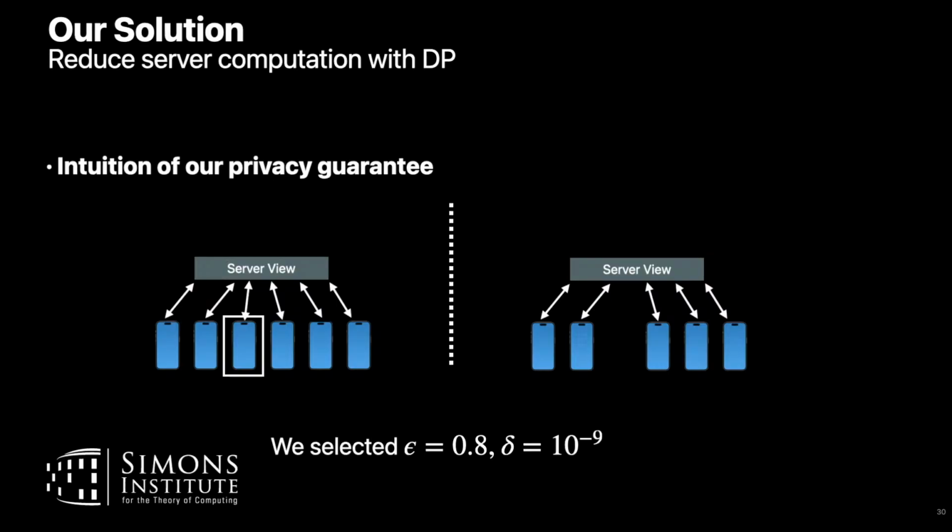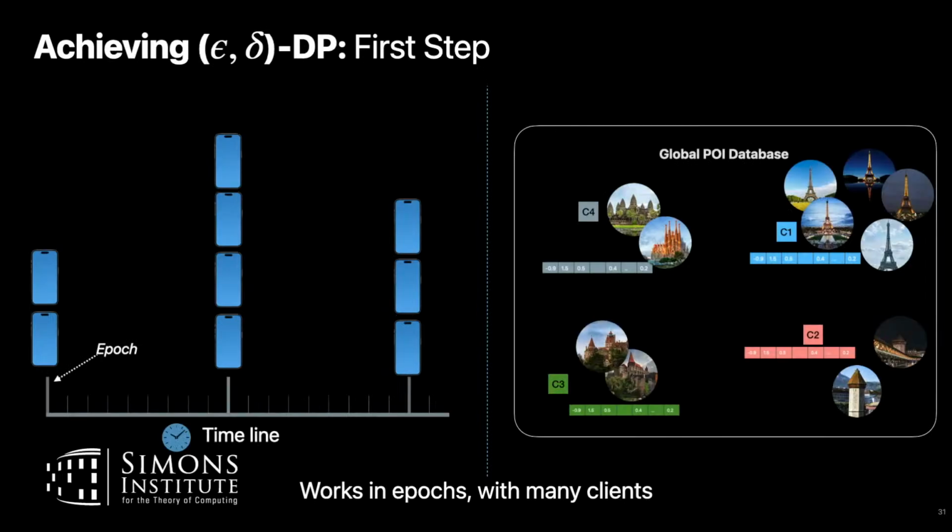So the intuition of how we did this is we assume two worlds, one on the left where multiple clients are making queries, and on the right where one client is not present. And in both worlds, the server's view should be the same, but it's bounded by our parameters of epsilon and delta. This system we shipped was with epsilon of 0.8, which is pretty good.